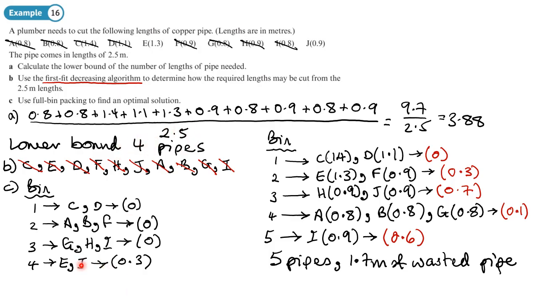I know it's an optimal solution because it's 4 pipes with 0.3 meters of wasted pipe. So since the solution is equal to the lower bound, I know that this is an optimal solution. So I could even write down that this is an optimal solution because it's the same as the lower bound.